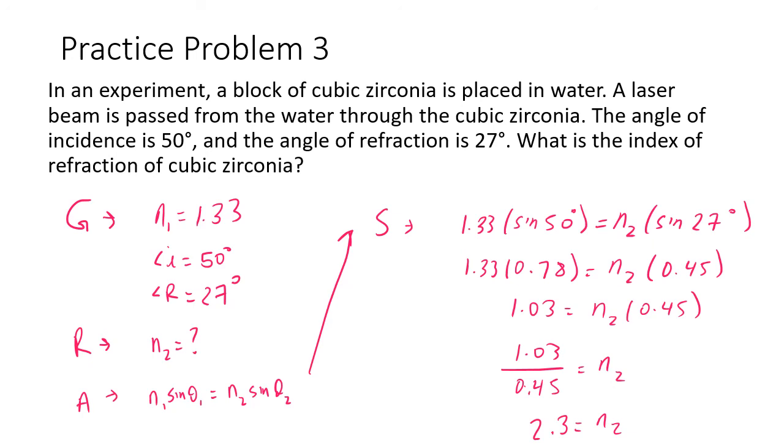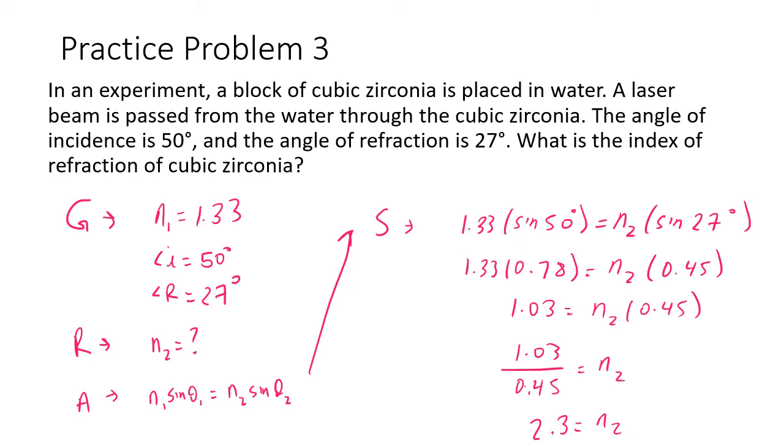N1, my first medium, is water, so the index of refraction is 1.33 multiplied by the sine of the angle of incidence, 50 degrees. That's equal to the index of refraction of my second medium, which I still don't know, so I'm going to leave it as N2, multiplied by the sine of the angle of refraction, which is 27 degrees.